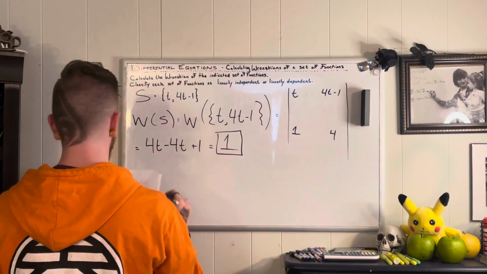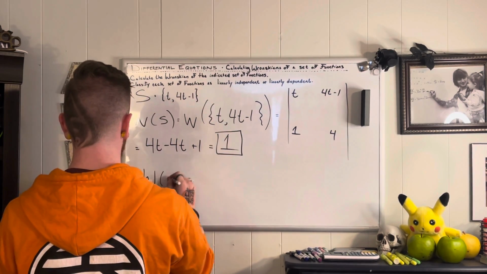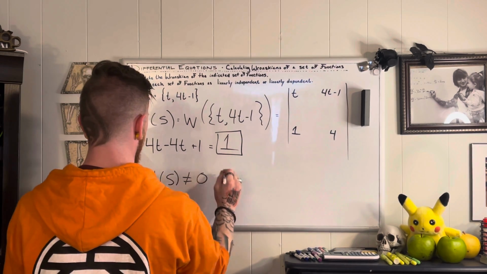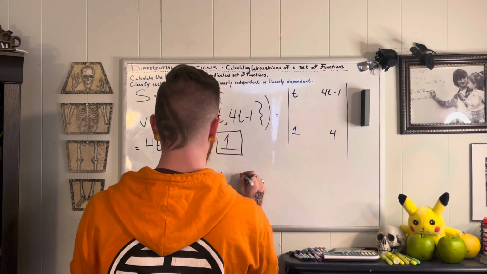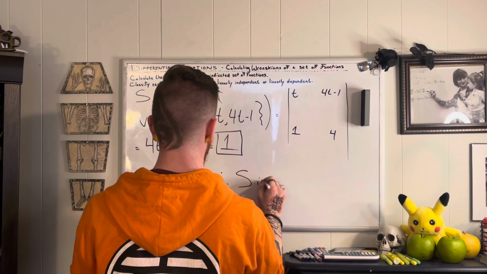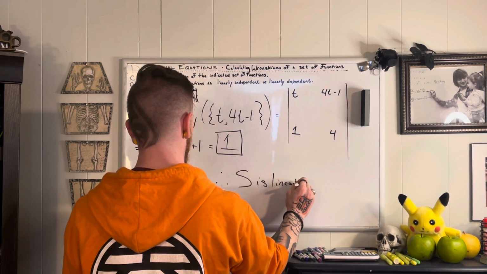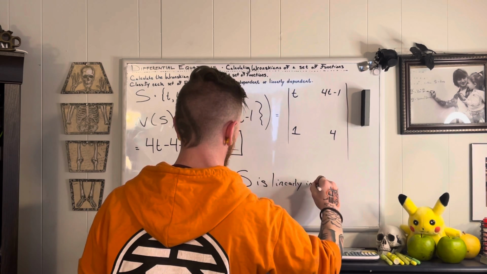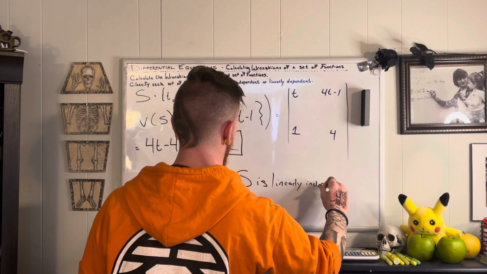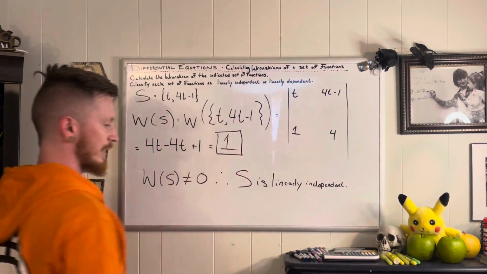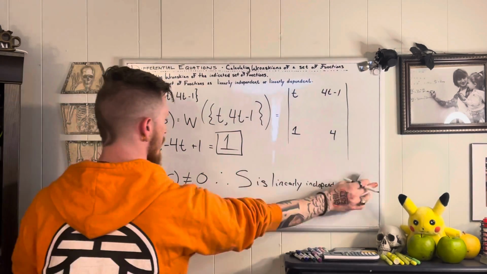And this is useful because since we know that the Wronskian of S does not equal 0, our set of functions rather, S, is linearly independent. So let's take a look at one or two more of these.